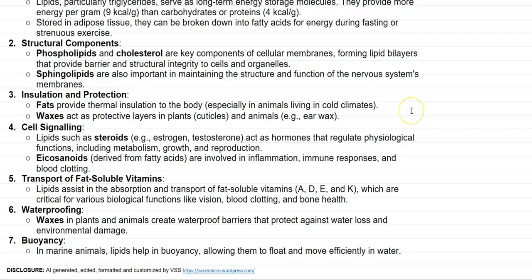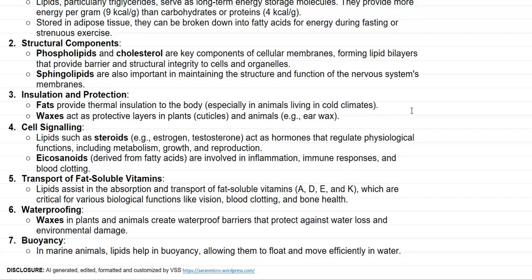The next one is the role of fats or lipids in cell signaling. Lipids such as steroids, mainly certain reproductive hormones such as estrogen, androsterone and testosterone, all have a regulatory function in the physiological aspects of the body, especially in growth, reproduction and metabolism.